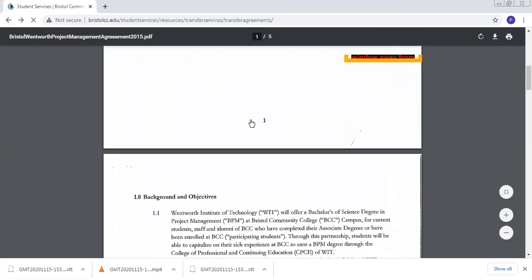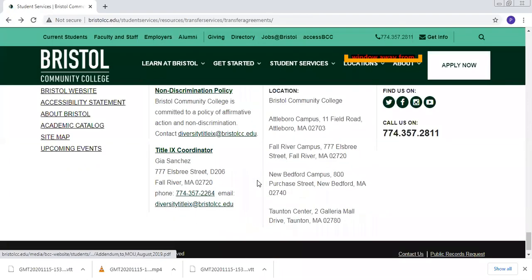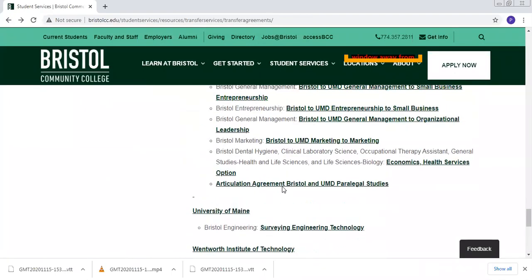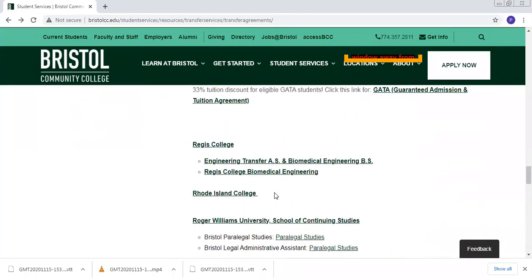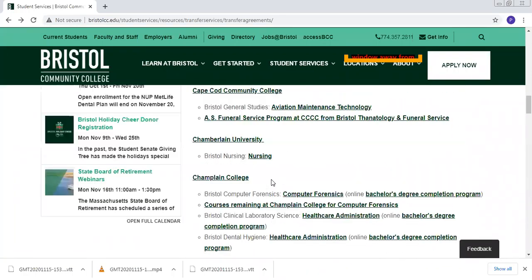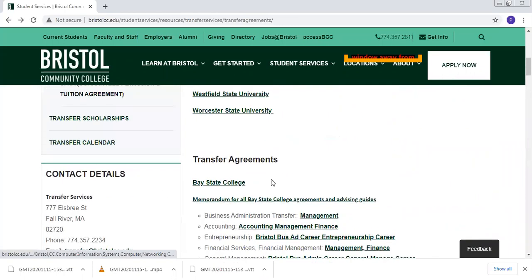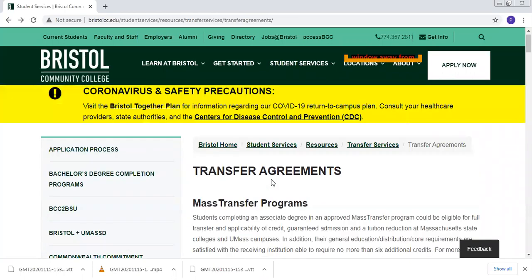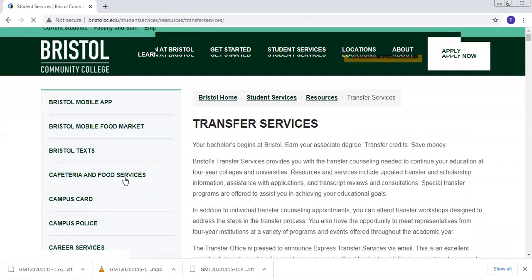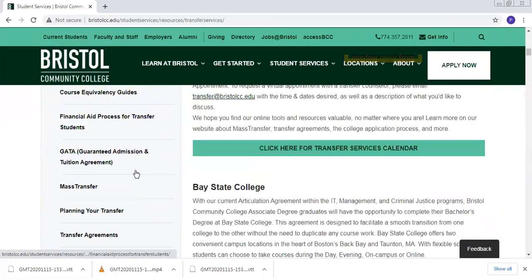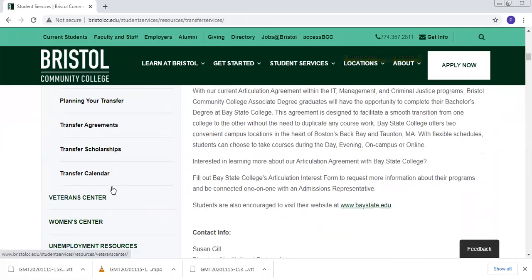So that's basically what I want you to become aware of, and that is what these different agreements are between all of the schools and what that looks like. And basically that would be my main purpose in showing you this.